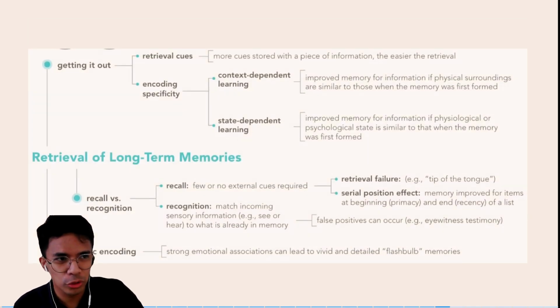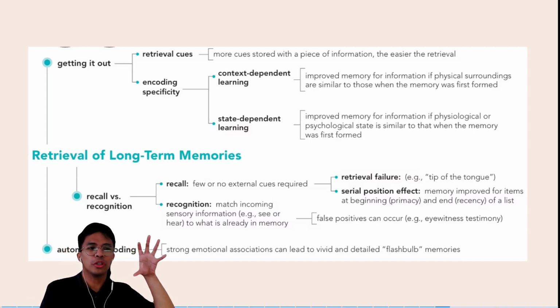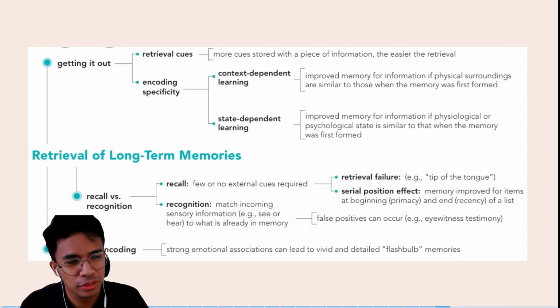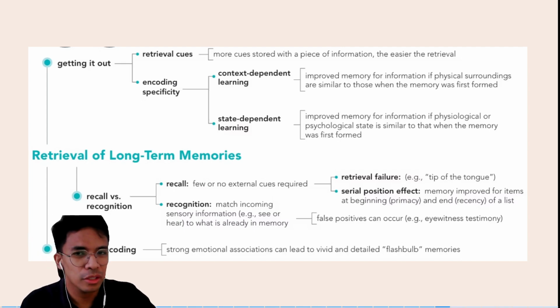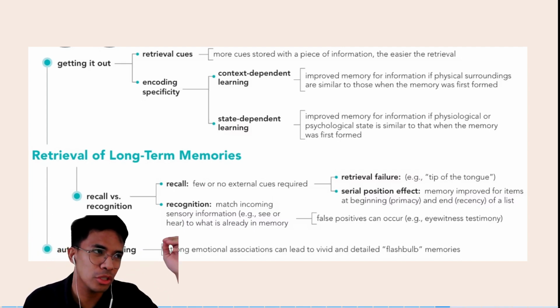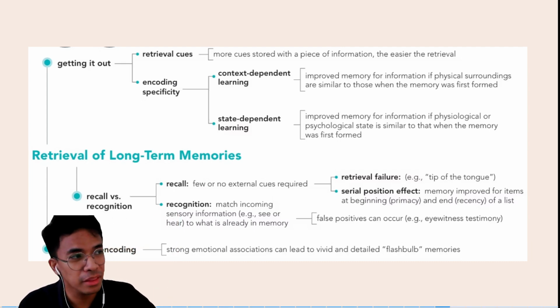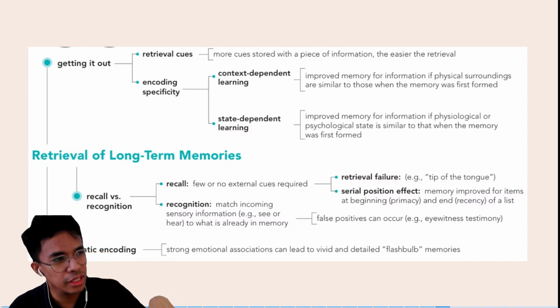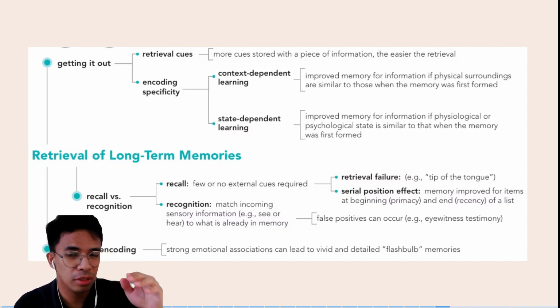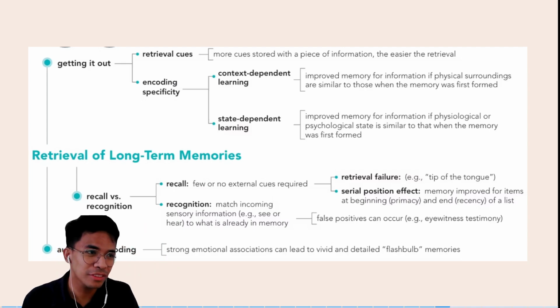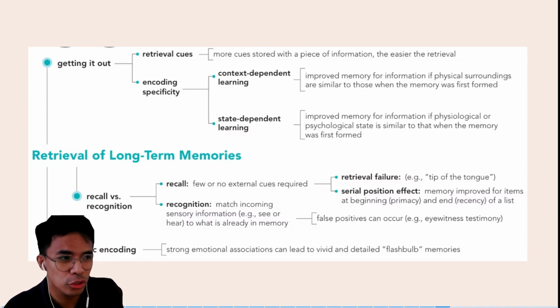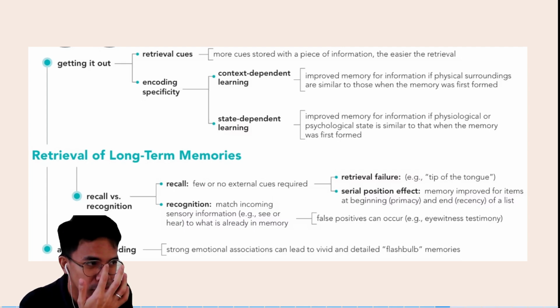So in this video, we talked about the retrieval of long-term memory, no? Getting it out. We talked about retrieval cues, encoding specificity, which is context-dependent, the environment, or state-dependent, your physiological or psychological state. And we also talked about the difference between recall and recognition. Recall has few cues. Recognition, we just match the incoming information.